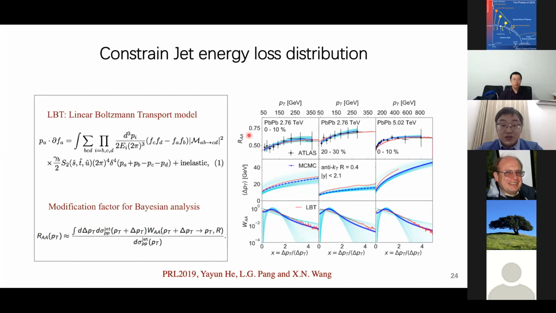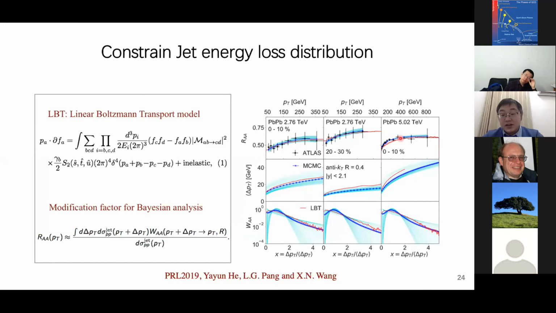After being constrained with the experimental R_AA, we found that the mean pT loss as well as this energy loss distribution function agree with the linear Boltzmann transport model for 2.76 TeV. And it describes the data for lead-lead 5 TeV, but does not agree with LBT, because LBT uses a constant alpha_s and overestimates this R_AA.